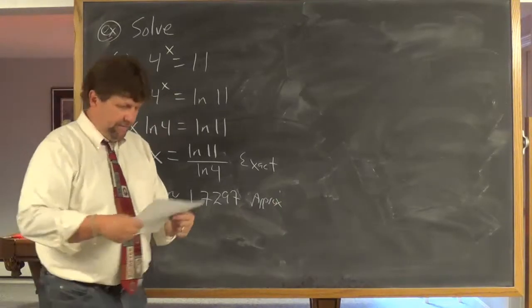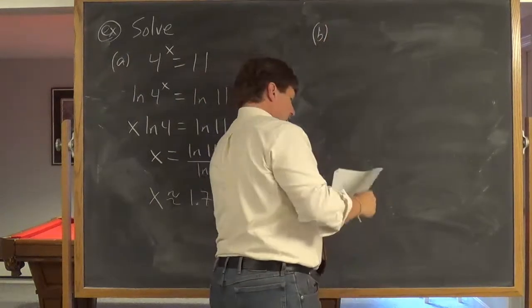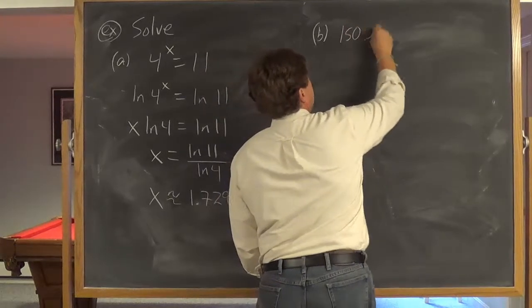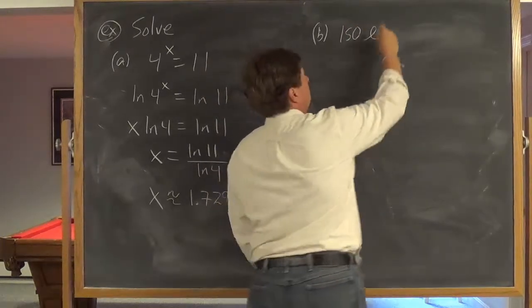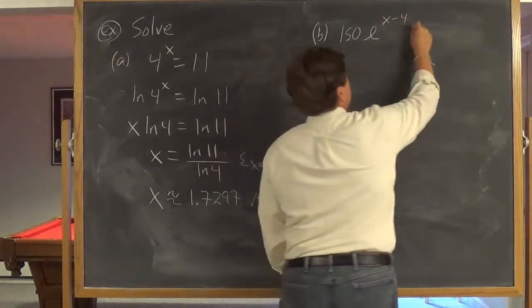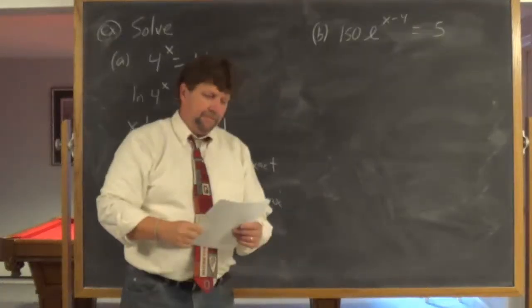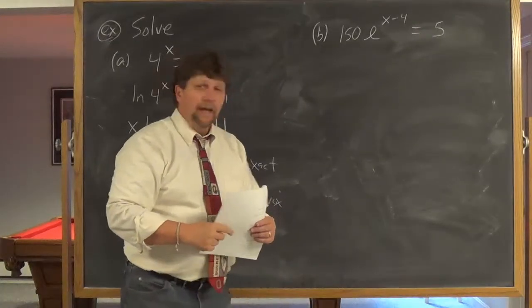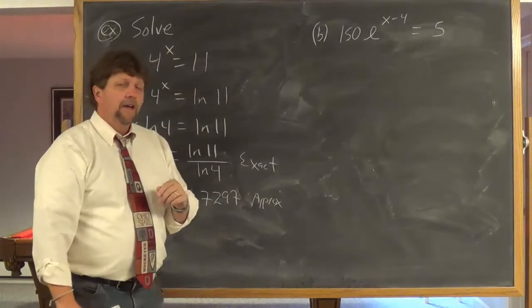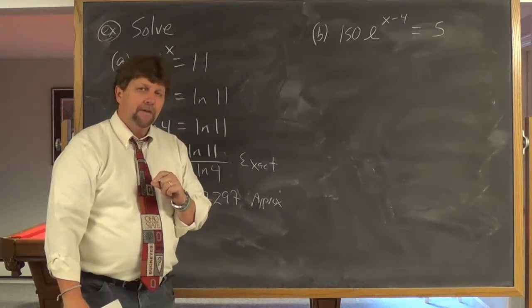Let's try another one. So let's say we wanted to solve 150e to the x minus 4 power equals 5. Okay, that looks a little more involved than this equation we solved, but it's only a little bit more involved by one more step.